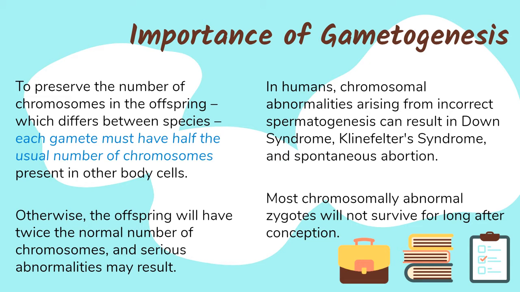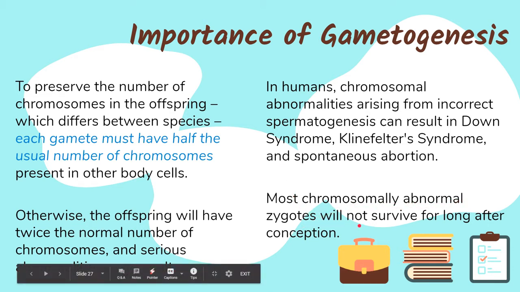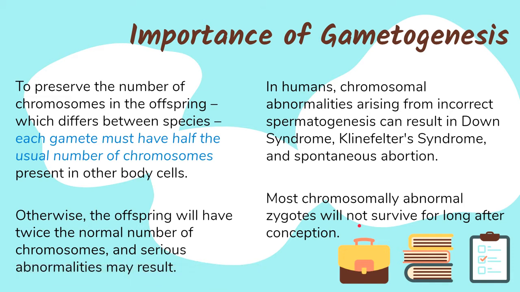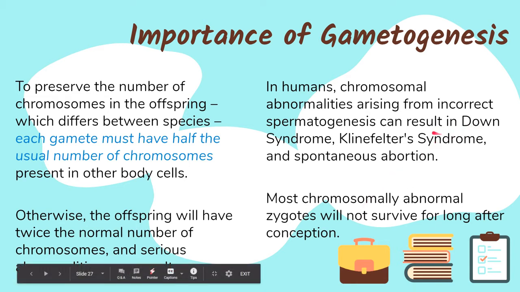Nature will not allow such abnormalities in the chromosome number to continue. The offspring will not survive. Most chromosomally abnormal zygotes will not survive long after conception, so it will be naturally aborted. If they happen to survive conception, they could have disorders such as Down syndrome and Klinefelter's syndrome.